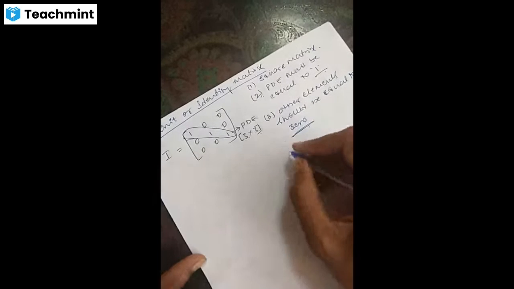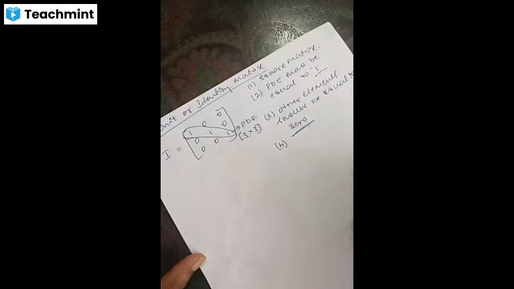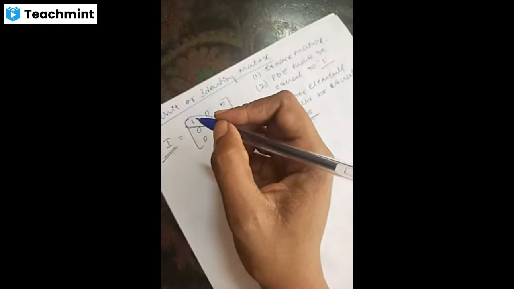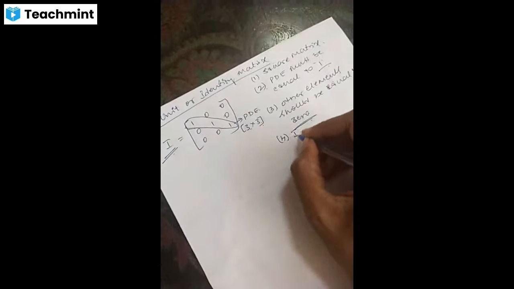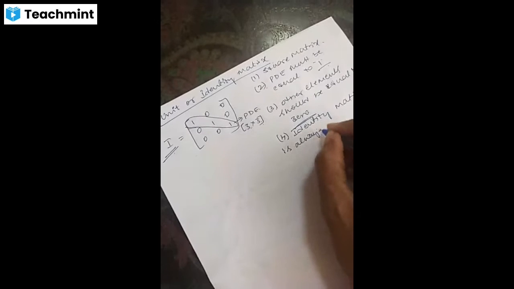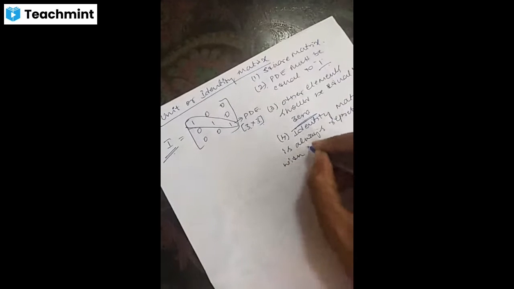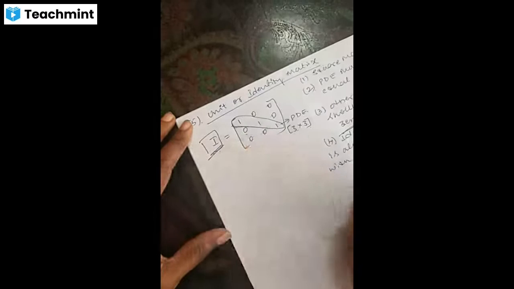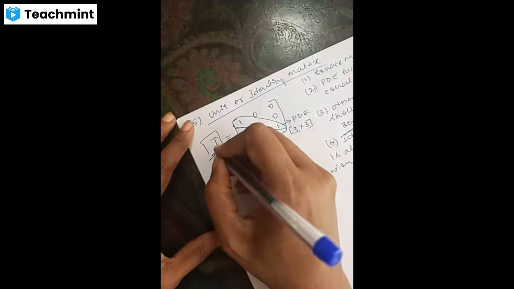One more point you have to remember is that the unit matrix or identity matrix is always represented with the capital letter I only.